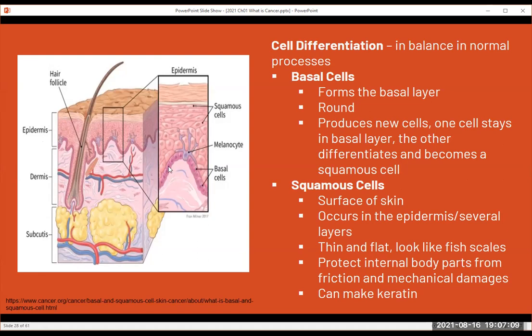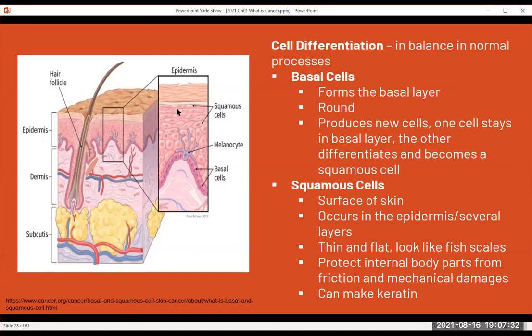And you see it's just a single cell layer right here. And we call that the basal layer. And these cells are round, so they have a distinct shape, but they do undergo cell division. And then one cell typically stays in the basal layer, and the other one differentiates and moves up to the next layer and becomes a squamous cell.